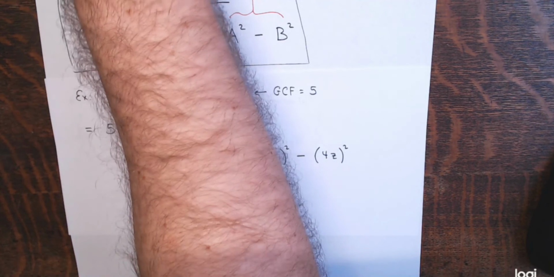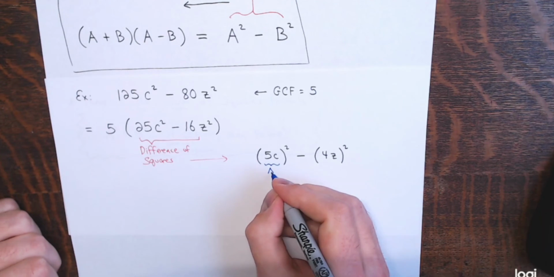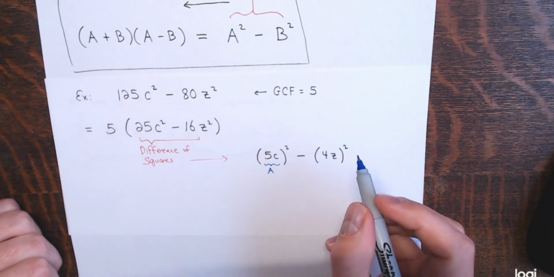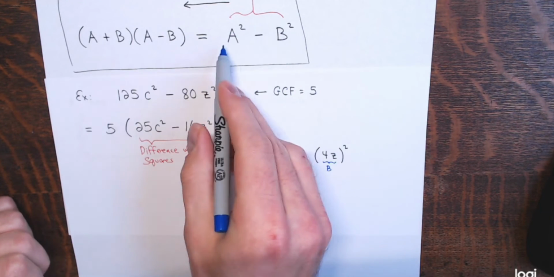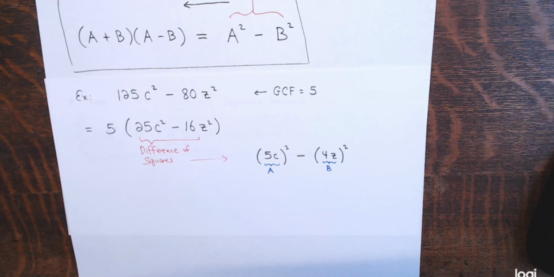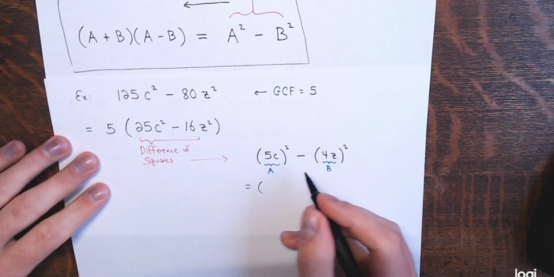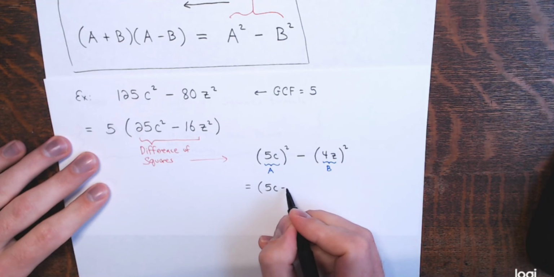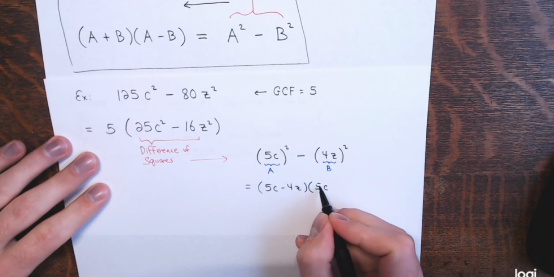So this 5c is like the capital A from my formula, and the 4z is like the capital B from my formula. Right? So this would factor to, just again, just get rid of the squares. 5c minus 4z times its conjugate, 5c plus 4z.